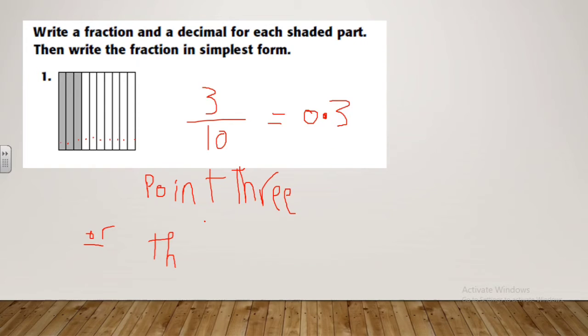Because here we have 3, so let's write number 3. And tell me, what is the place value of the number 3? It's tenths, so that will be 3 tenths. So you can write the decimal number in 2 ways, that or that. Choose whatever you like, both are correct, okay?